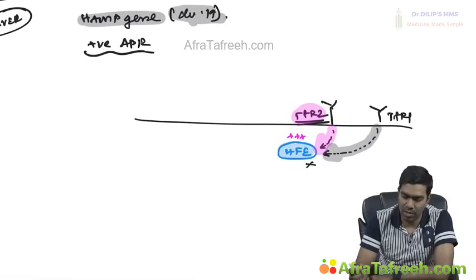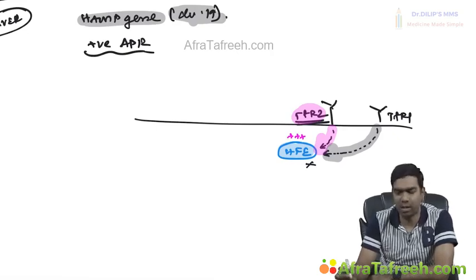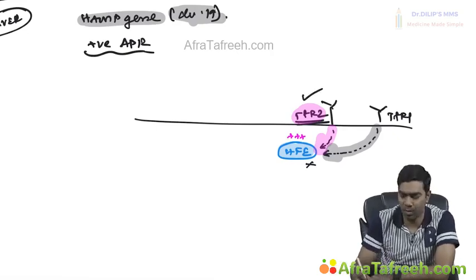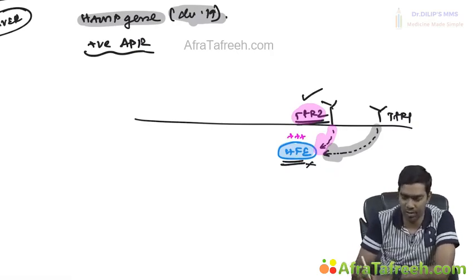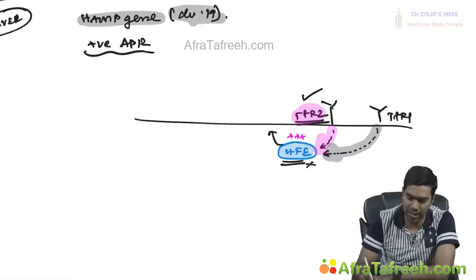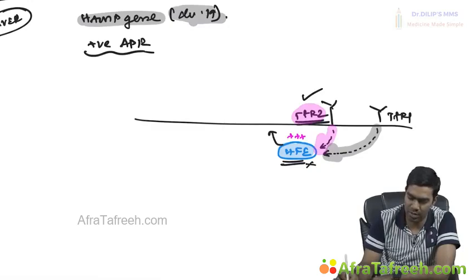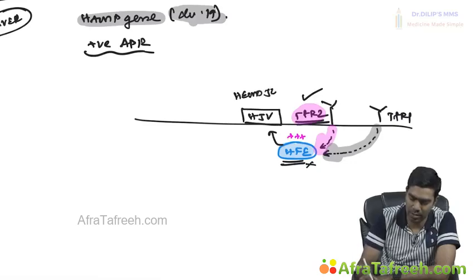So if you ask me, whenever you have iron adequacy, what happens? Let us assume in simple terms, what happens if transferrin receptor 2 is binding with the HFE? Definitely HFE will be activated. Once this HFE is activated, it's going to activate a cascade. The first protein it is going to activate is HJV, otherwise referred to as hemojuvelin.